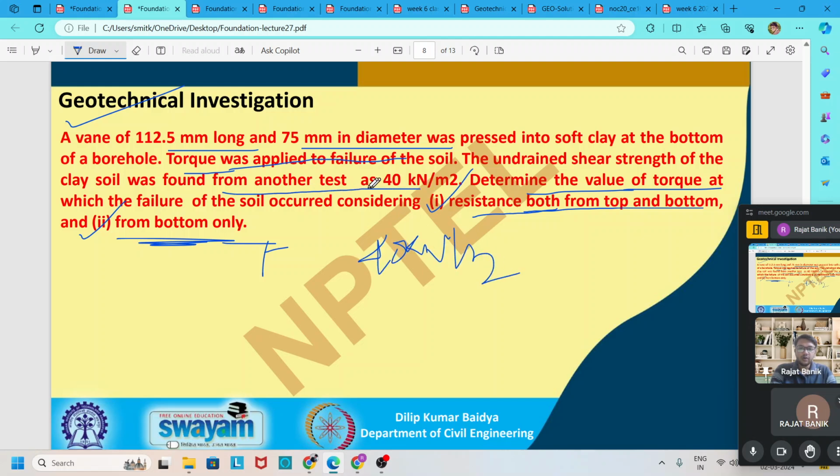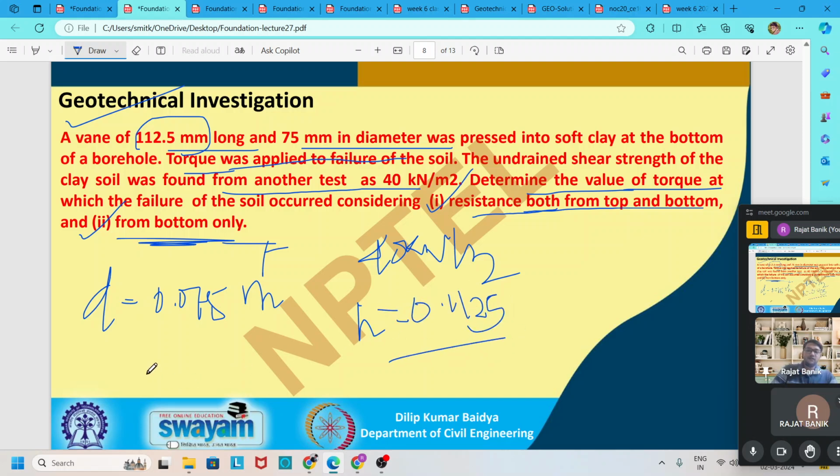So we first have to adjust the units, converting mm to meters. So D is equal to 0.075 meter, and H is equal to 0.1125.